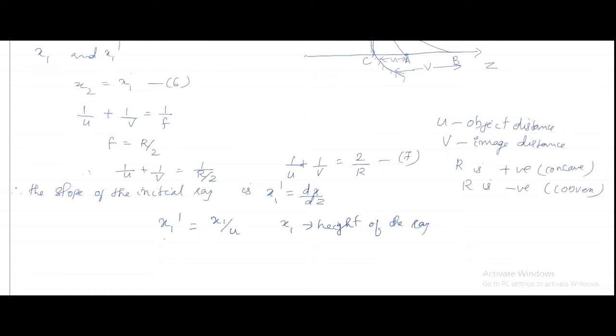Similarly, the slope of the reflected ray would be x2 dash equals minus x2 by v, or x2 dash equals minus x1 by v, since x2 equals x1.